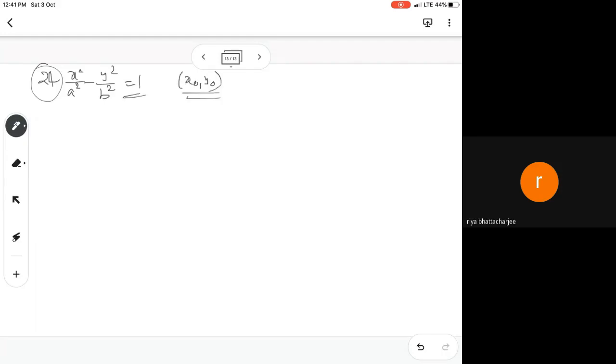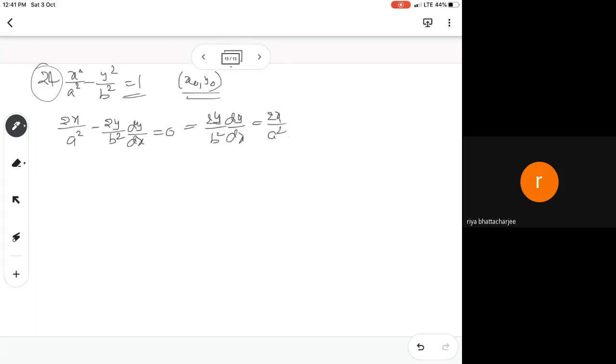So dy by dx you have to find out. Dy by dx is nothing but 2x by a square minus 2y by b square dy by dx is equals to 0. So this implies 2y by b square dy by dx is equals to 2x by a square, isn't it?